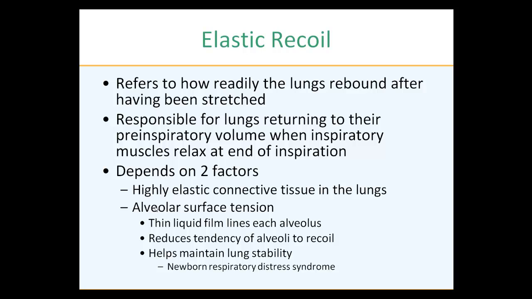The water would rather hold on together. So in order for us to lower that surface tension, we put something called surfactant. These are a group of chemicals that reduce the surface tension of the alveoli, and therefore allow the lungs to be stretched without any effort.